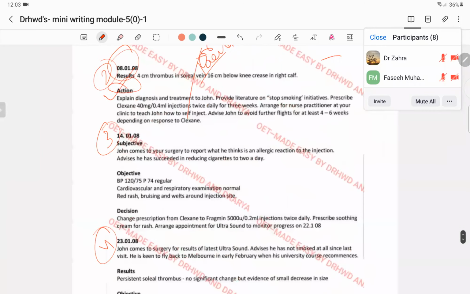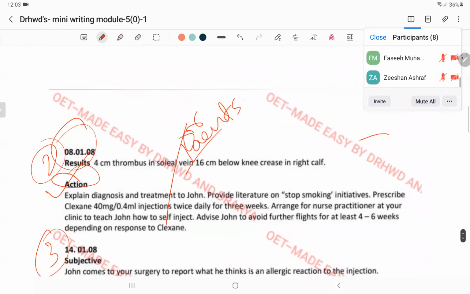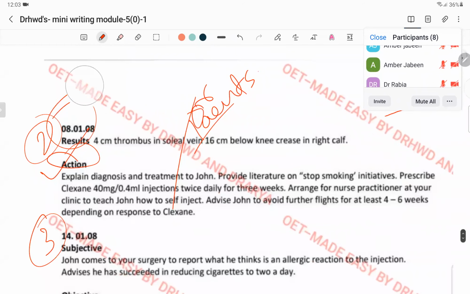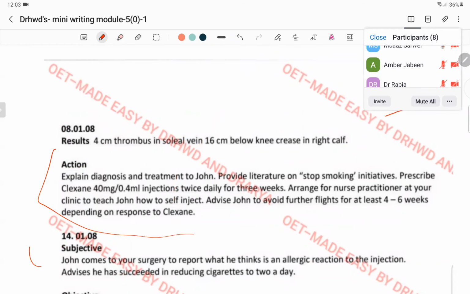Dr. Umber, can you just read this for me? The one that I just read. Can you read this paragraph? Tell me, what would you not write in this?